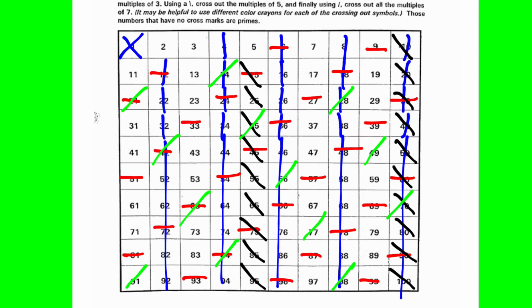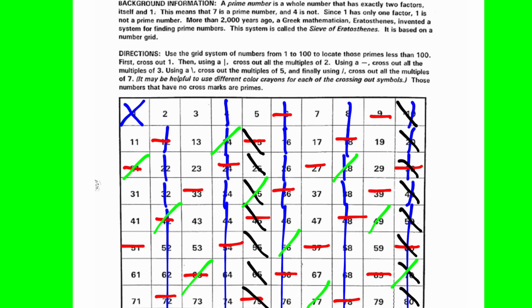Crossed out all the multiples of 7. There's an interesting diagonal pattern there as well.